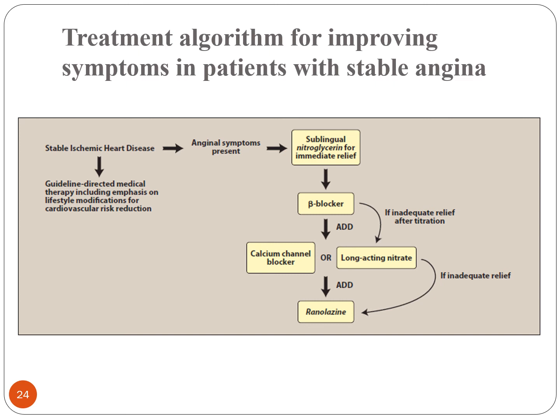If we add a beta blocker and the patient still suffers from episodes of anginal attack, then if there is inadequate relief after titration of the beta blocker with sublingual nitroglycerin, we can add either a calcium channel blocker or a long-acting nitrate.